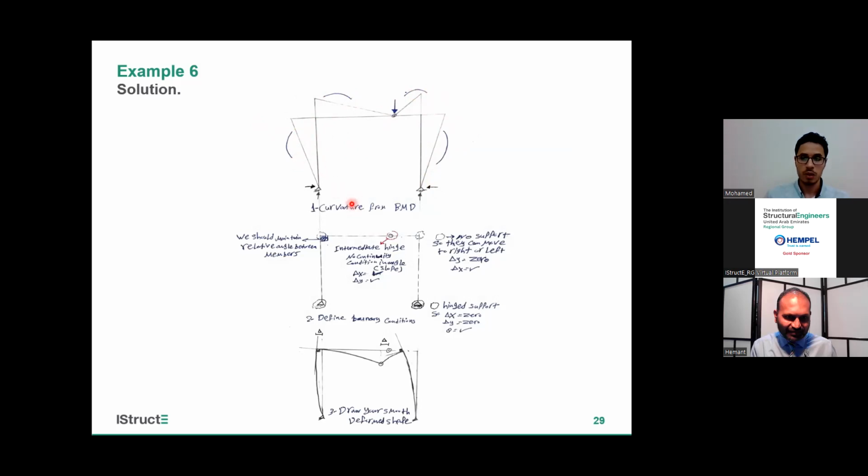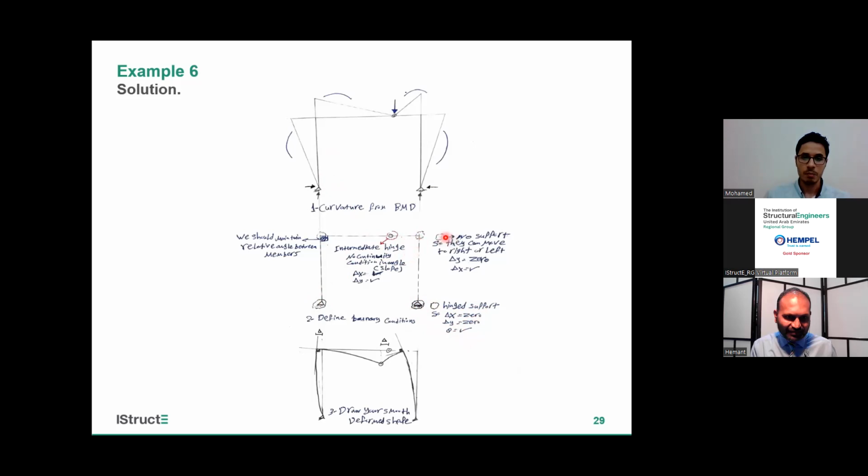I also need to remember the boundary conditions. Here I have a hinged support, so delta x and delta y will be 0, but I'll have a rotation. That's the first thing. Second, I'll have to keep the relative theta between members.